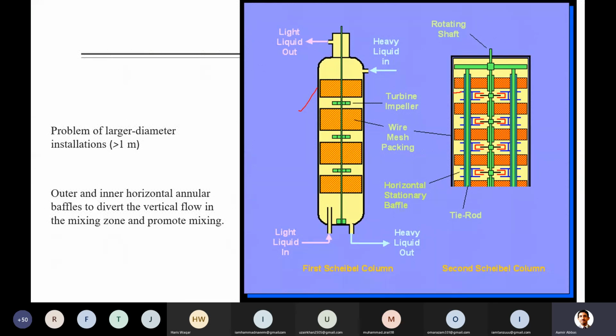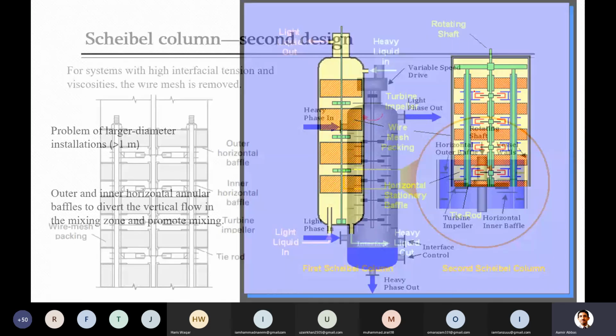So if any liquid tries to escape from here, it will be redirected to come back towards this mixing zone. As well, there are inner baffles on the inner side of each tie rod. They help to increase the mixing and bring the liquid towards the mixing zone.